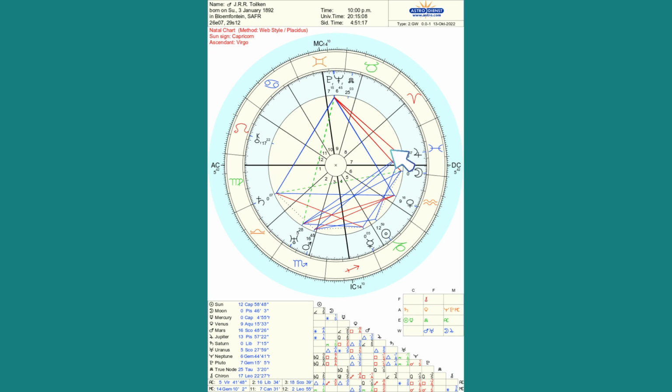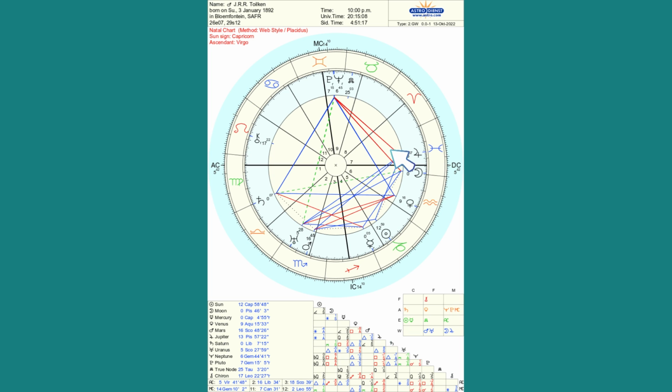Now, in the very middle of the chart, this is Earth. So Earth is smack dab in the middle. And really, that is the very basics of a chart.